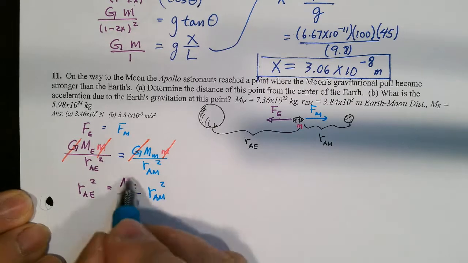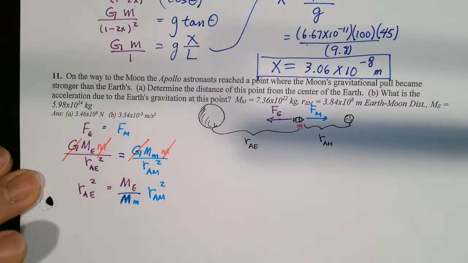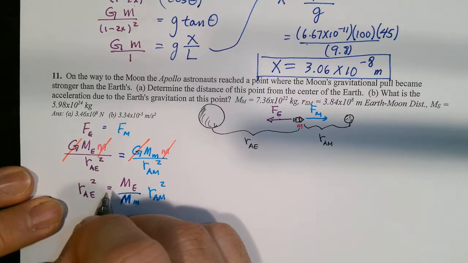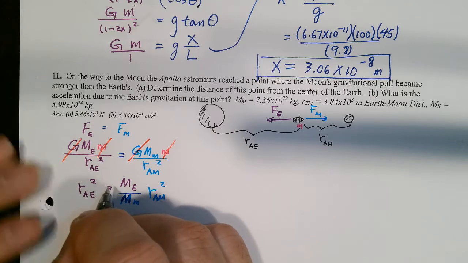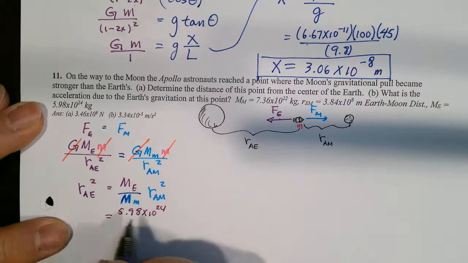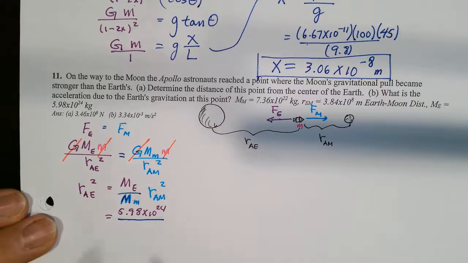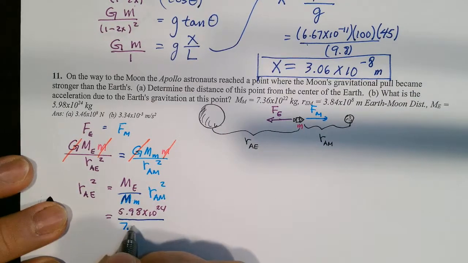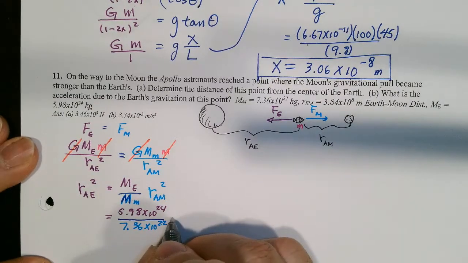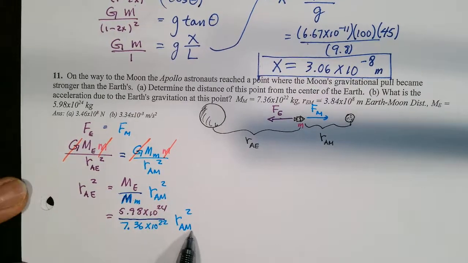So by putting in the values: mass of the Earth is 5.98 times 10 to the 24th, divided by mass of the moon, which is 7.36 times 10 to the 22nd, times the distance between Apollo and the moon squared.